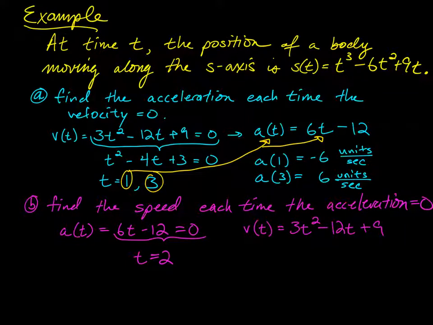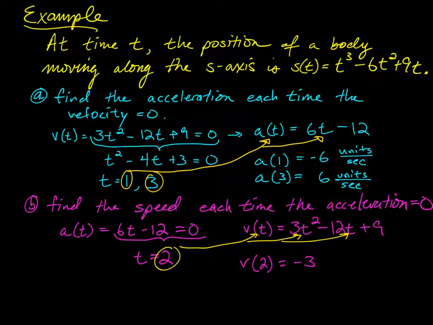And then just like we did with the times over here, we have to take this time and substitute it in wherever you see t. So when you substitute 2 in here, you'll end up with the velocity at time 2 equals negative 3. And again, that's going to be units per second.